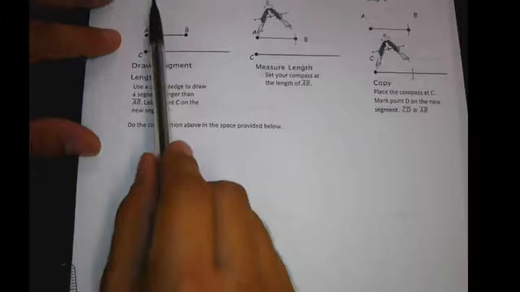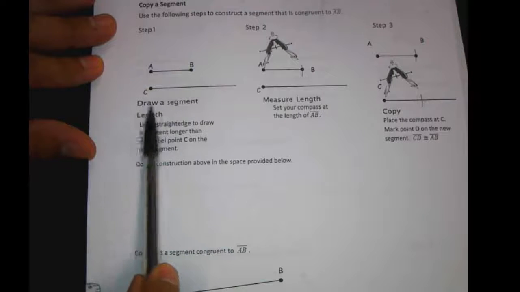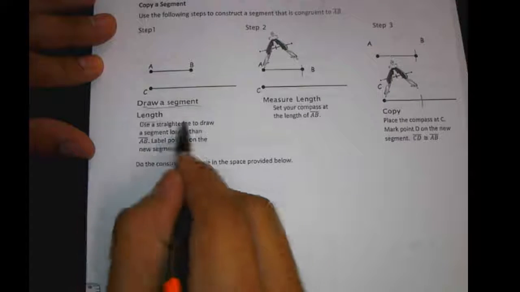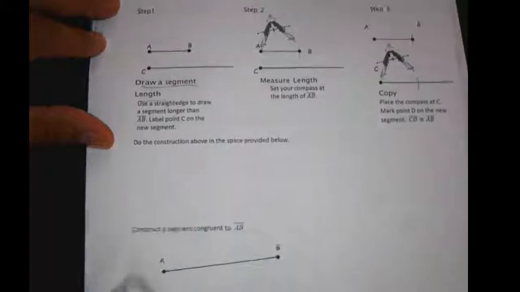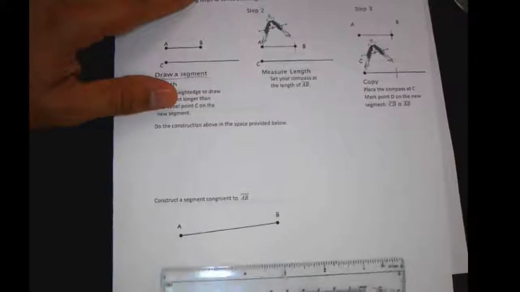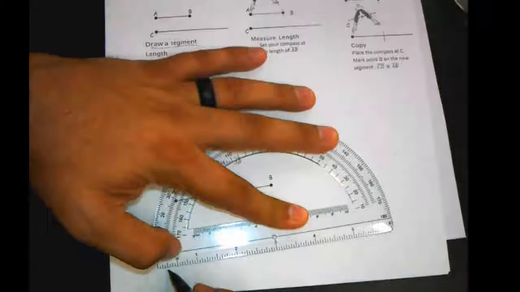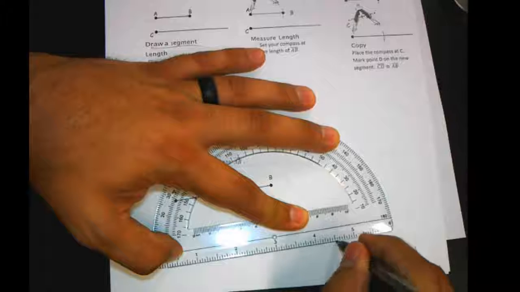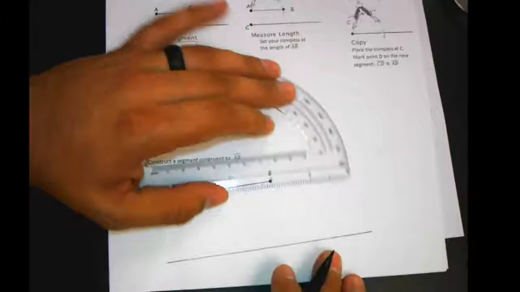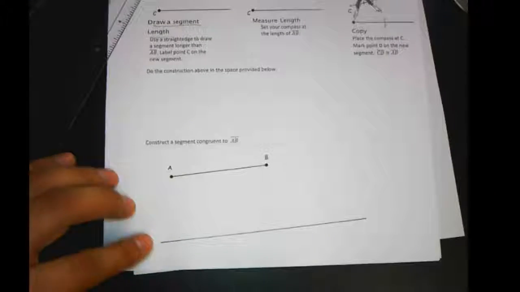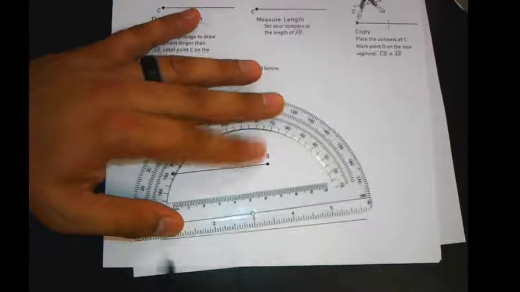So here's how you do this. Step 1. What does it say? Draw a segment length, okay? So that's what I want you to do here at the bottom. Okay, so let me show you what I mean. Down here at the bottom, use your protractor, use the straight edge, and draw yourself a long line. Okay, a long line segment. So everyone's doing this now. Using your straight edge, make a long line segment.